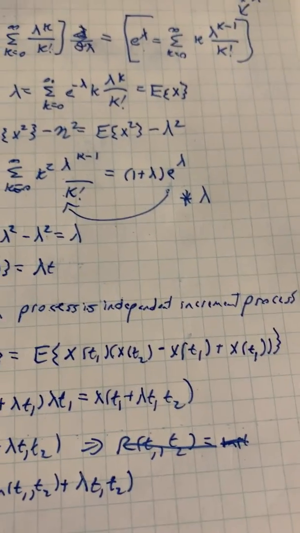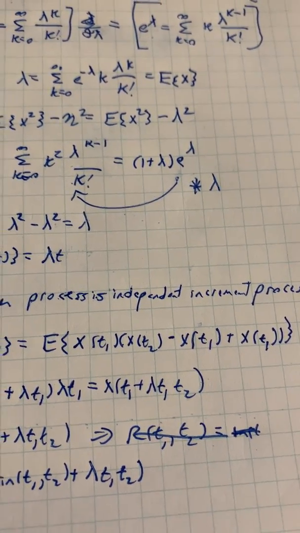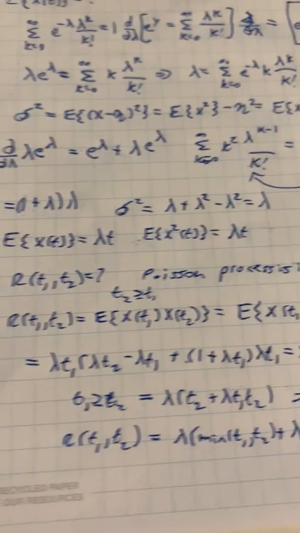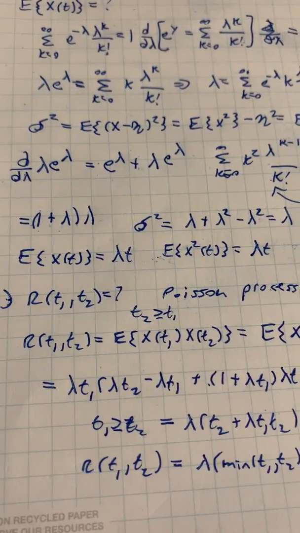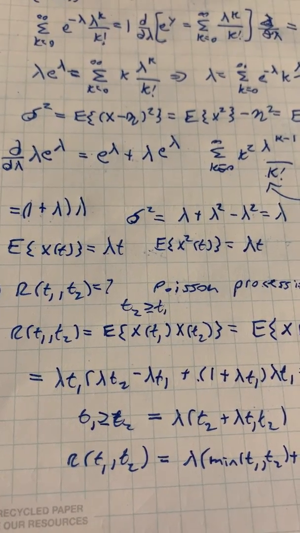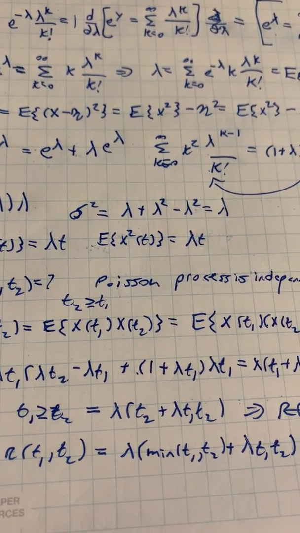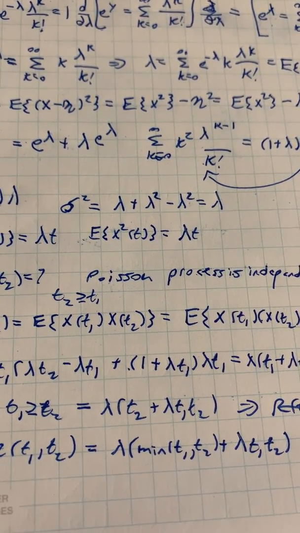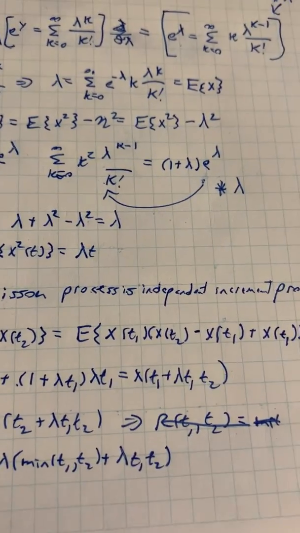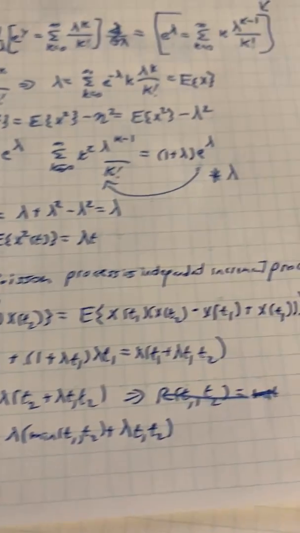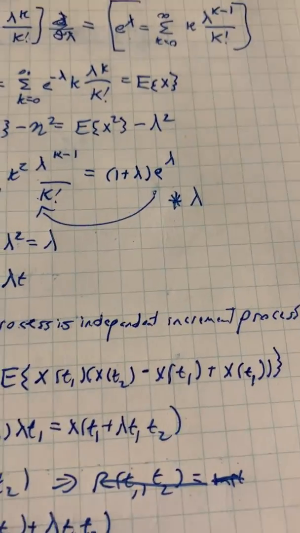And so that's equivalent to the expected value of the product, and you can read from here. After doing some plug and chug here, we get lambda T1 times lambda T2 minus lambda T1 plus 1 plus lambda T1, lambda T1. And after working it through here, we see it comes to this.